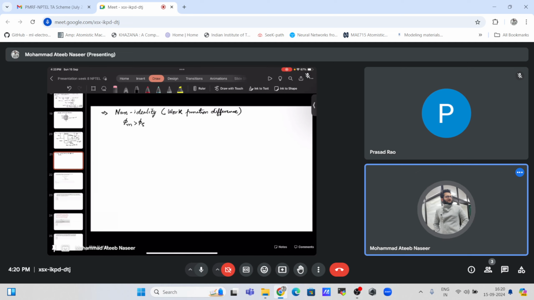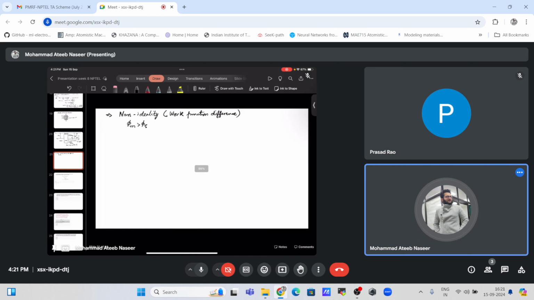The semiconductor Fermi level, since it was above the Fermi level of the metal, in order to have the thermal equilibrium maintained, we will be having the carrier transfer from the semiconductor to the metal side. There will be no band bending in the metal, because it's having a sea of electrons. It's having lots of electrons.